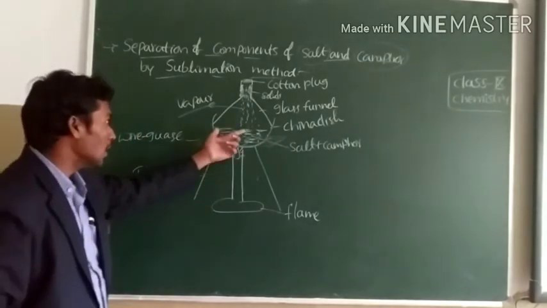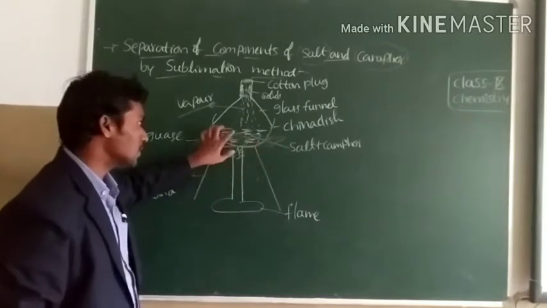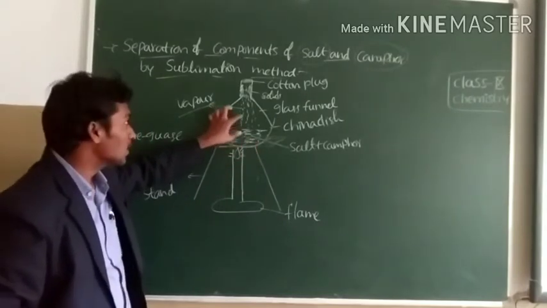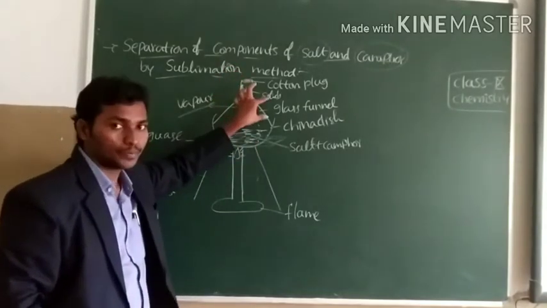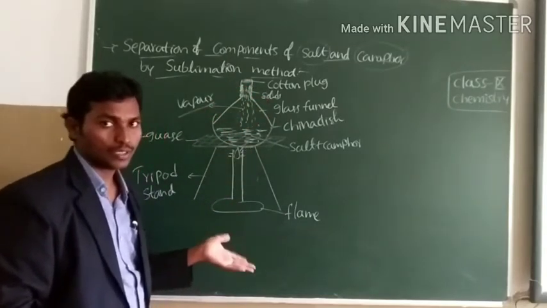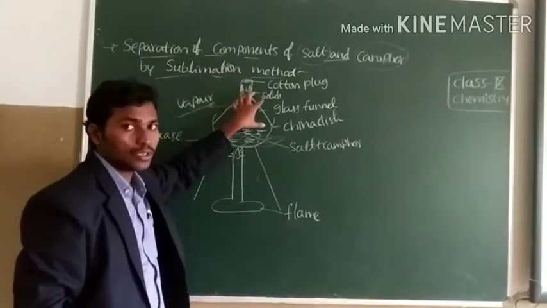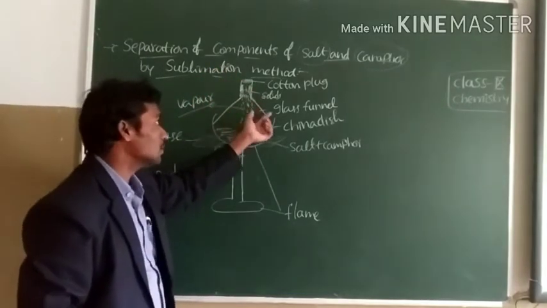That means in the mixture, one of the components changes directly from solid state to gaseous state on heating. When the mixture is allowed to cool for some time, we notice a deposition of solid over the walls of the funnel.